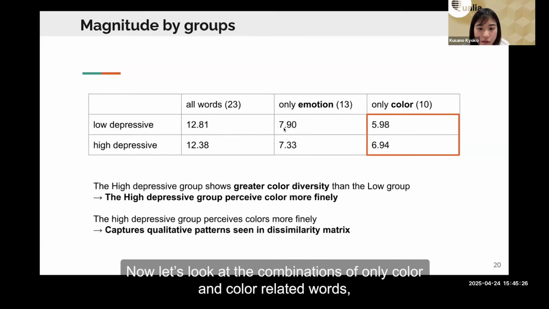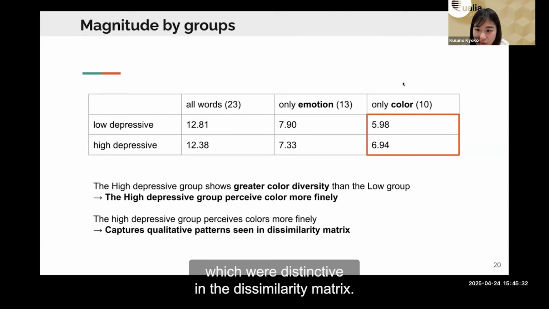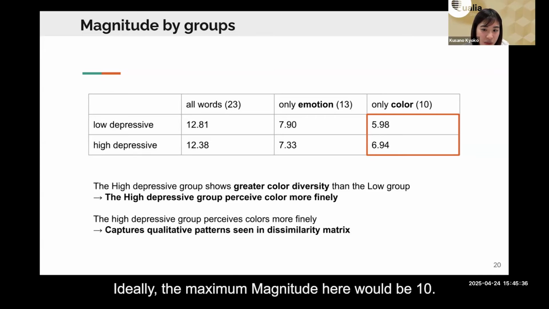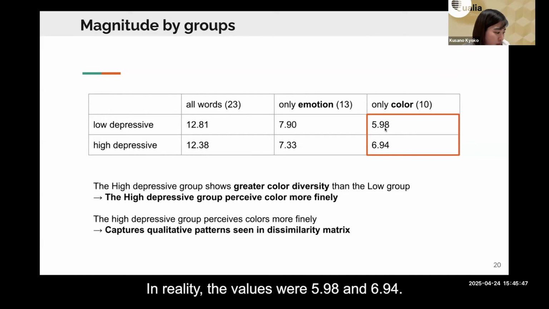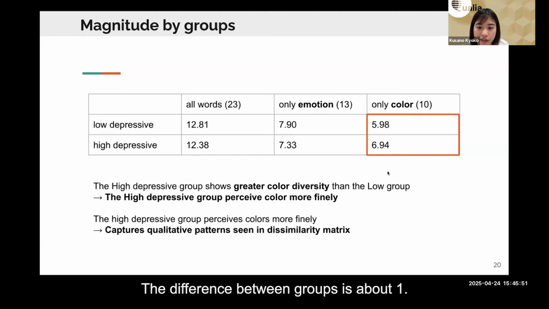Now let's look at the combinations of color and color-related words, which were distinctive in the dissimilarity matrix. Ideally, the maximum magnitude here would be 10 because there are only 10 stimuli. In reality, the values were 5.98 and 6.94. So the difference between groups is about 1.